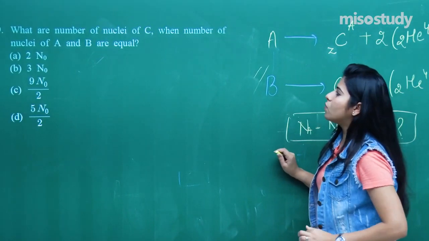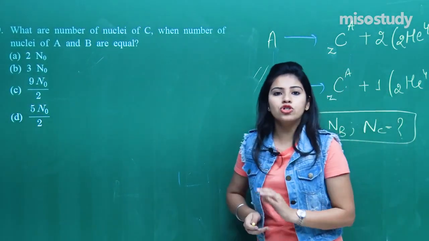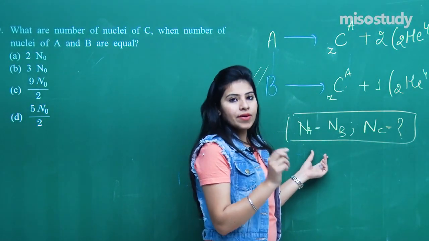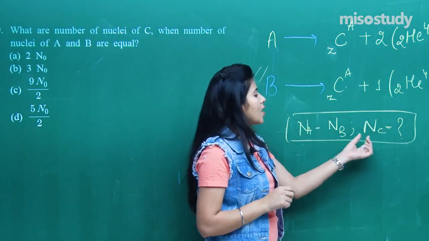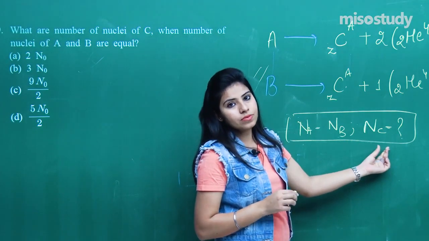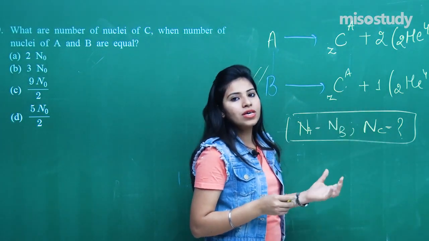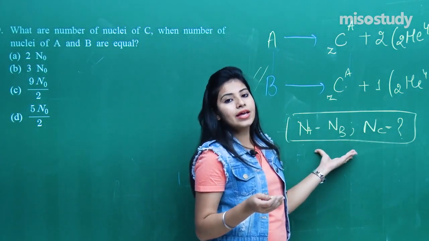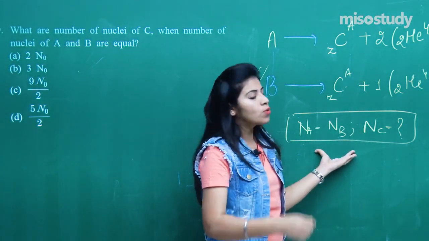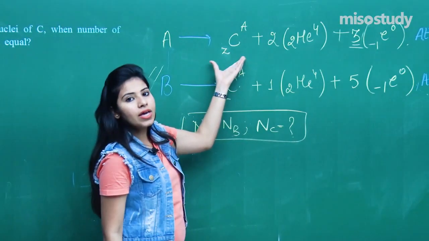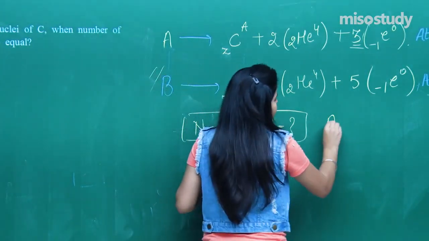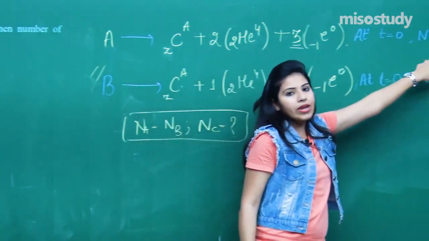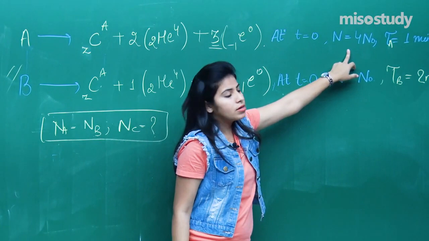Now first of all we should know when Na and Nb are equal. Whenever they are equal, at that point we have to find out the value of Nc. So first of all we will see how and when Na and Nb are going to be equal. For the case of A, initially there were 4 N0 atoms or nuclei.